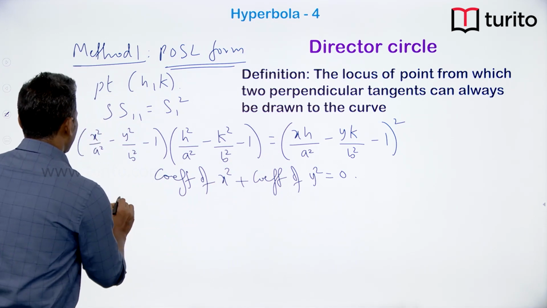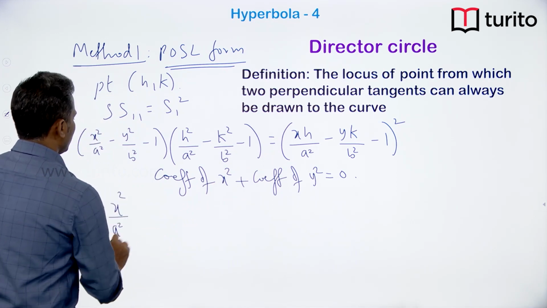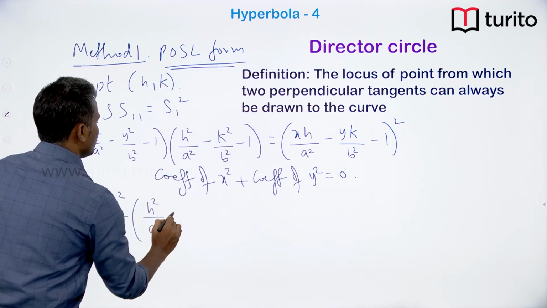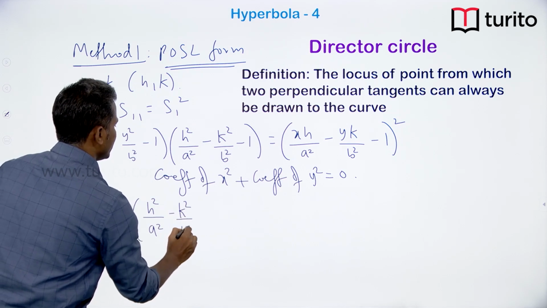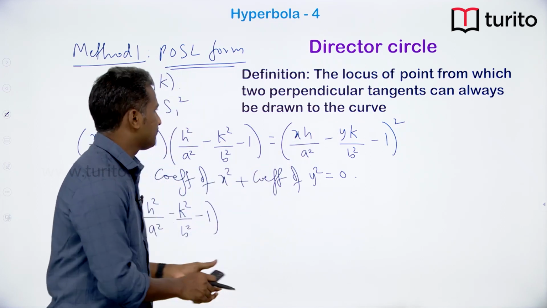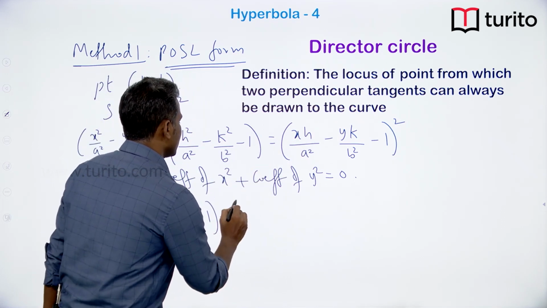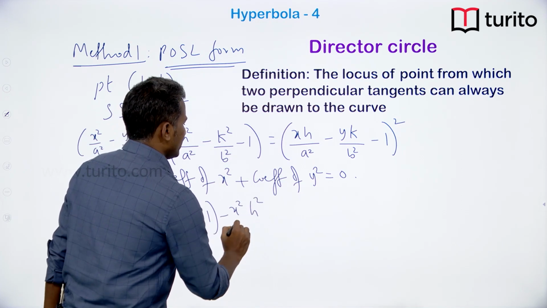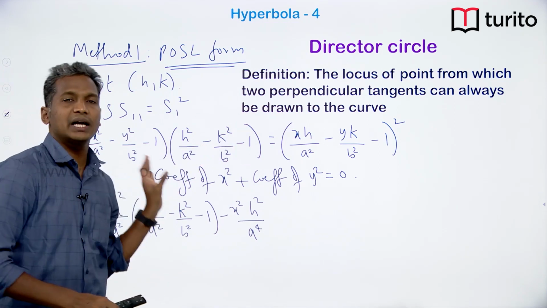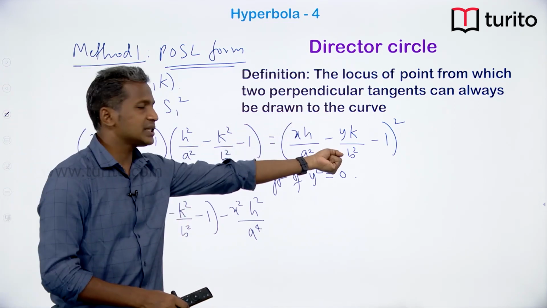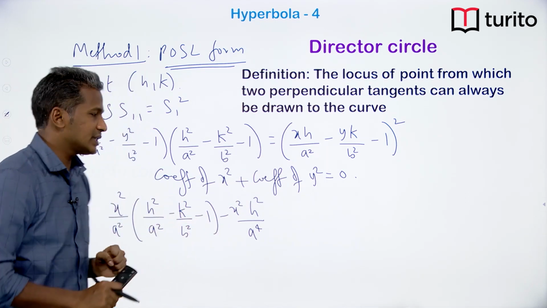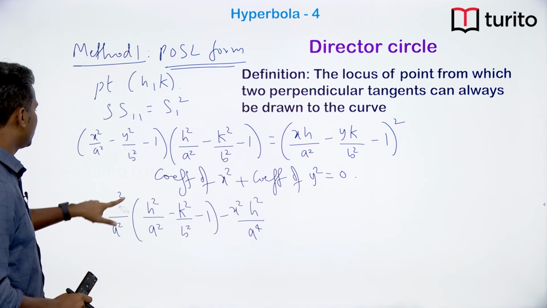So here if I take x square by a square into this constant term, so h square by a square minus k square by b square minus 1, and from here also I am going to get 1 x square. So what will be that term? Minus x square into h square by a power 4. This is the x square term that I am getting from the entire equation, because I have taken the RHS also to the LHS. Now but I am interested only in the coefficient, so I will remove x square from here.